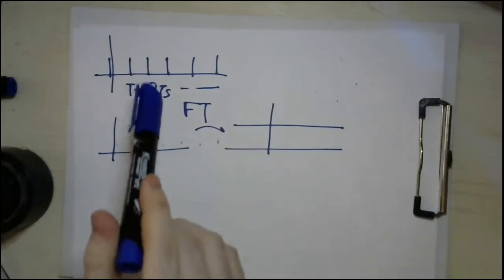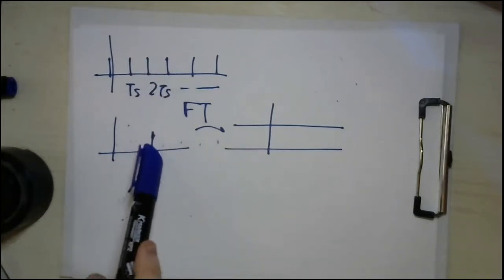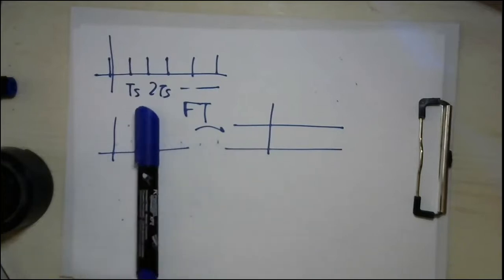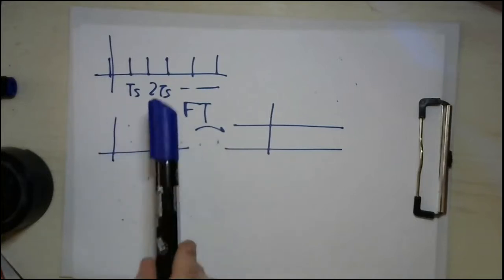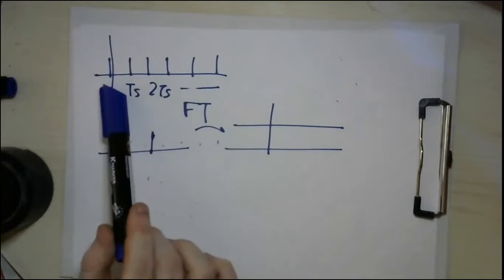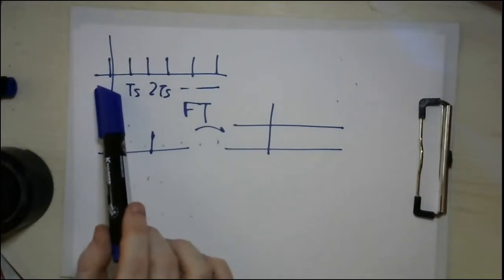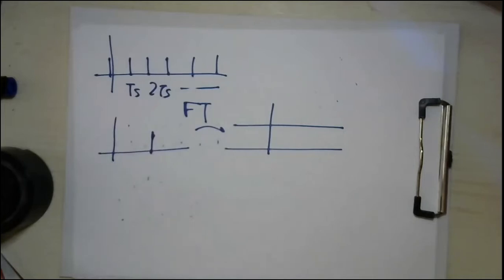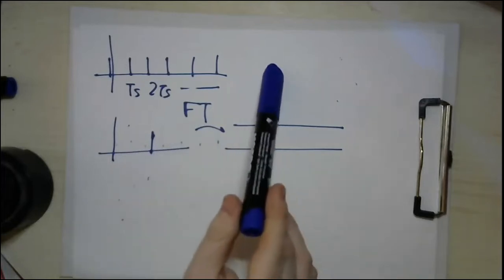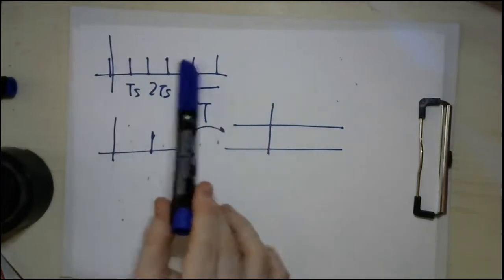The difference between this one and this one is that this is a single delta Dirac function, however, this is a periodic delta Dirac function. So what you did here is what's called periodicity. You transfer a single period into a fully periodic signal.